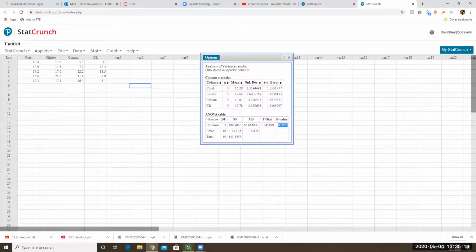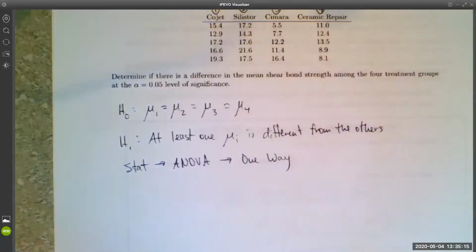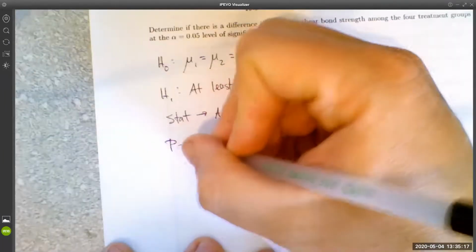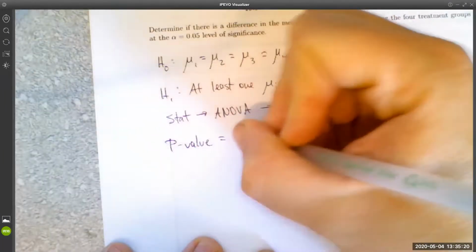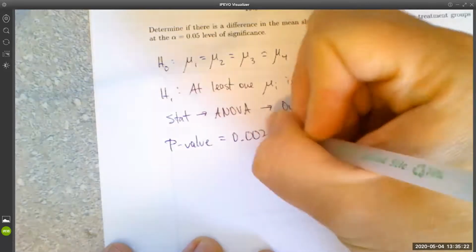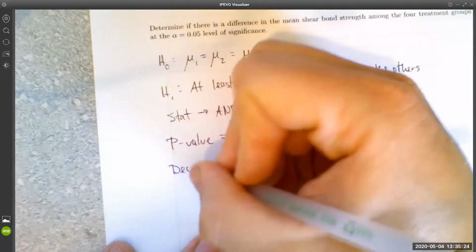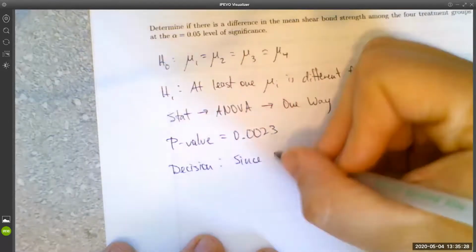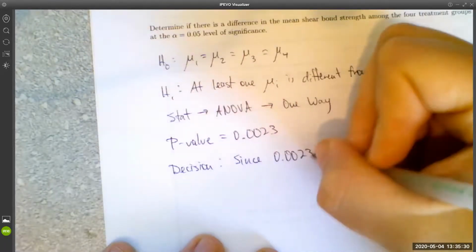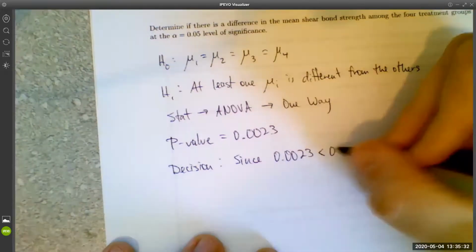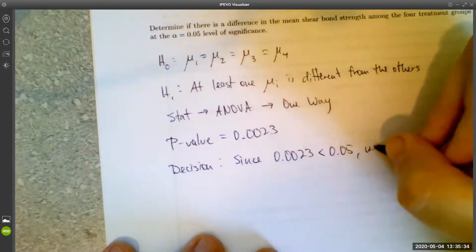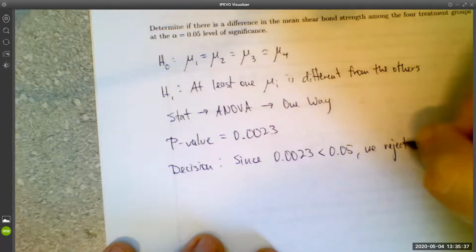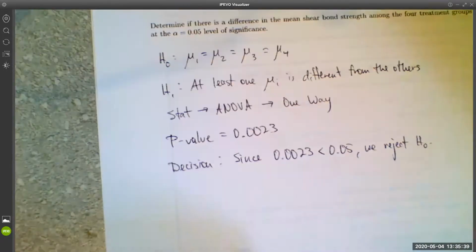So let's write that down. Our p-value is 0.0023. Okay, since 0.0023 is less than 0.05, we reject the null hypothesis.